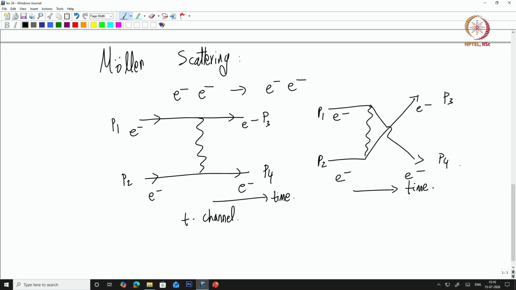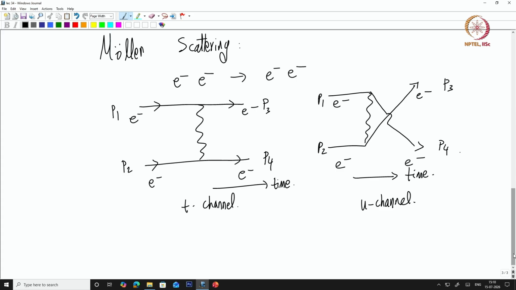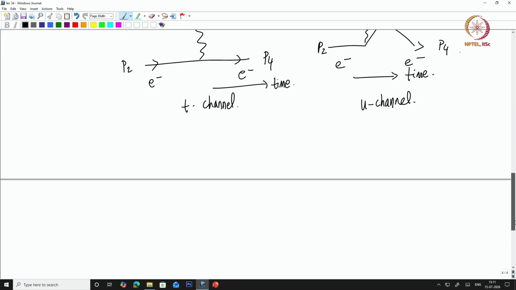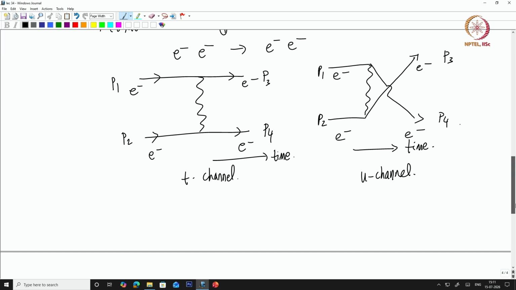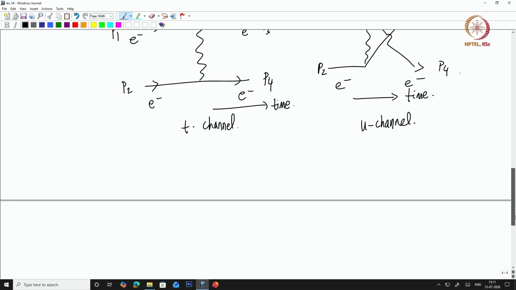So, these two processes we had done in the previous lecture. This is the T channel and this is the U channel. These two scatterings we had done. Now, let us look at the other three or four scatterings and their amplitudes.